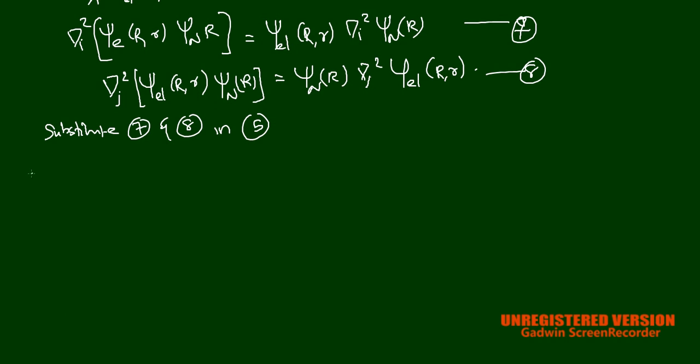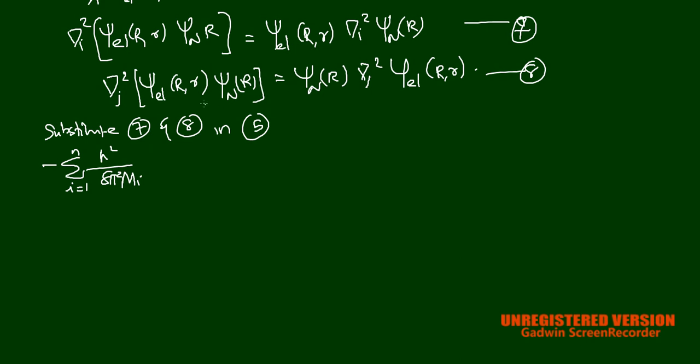So when we are substituting, we have minus sigma I equal to 1 to n h square divided by 8 pi square mi, then del I square operating over ψ electronic r ψ n r, that is equal to, we already have the expression for that, that is expression 7.